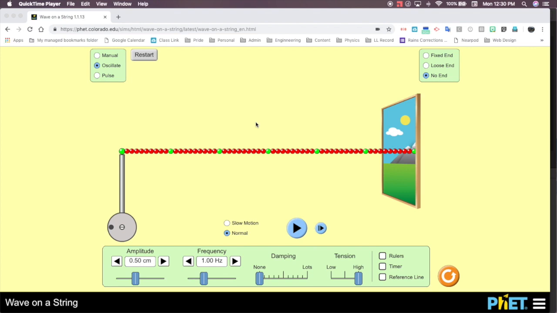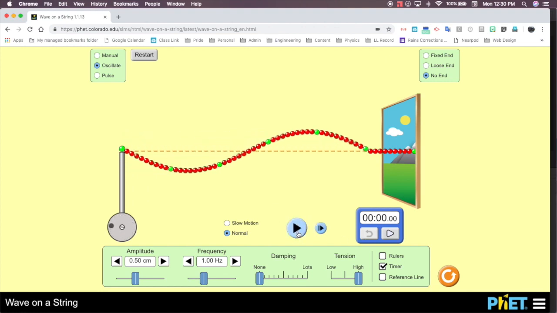So look here, as we see a frequency of 1, that means we would have 1 wave in 1 complete second. So I'm going to bring out the timer and push play, and I want you to watch. We're going to go from green to wherever the next green wave is. Okay, so notice this guy's back at the main position.